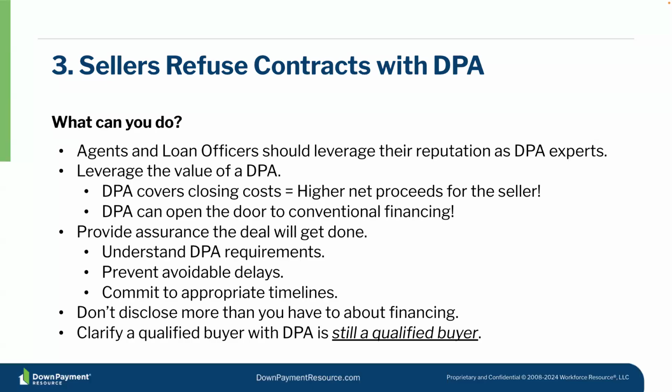So you're going to net more from this transaction." That is a value add. Provide assurance the deal will get done and done in a timely manner. That also means you need to know the guidelines and timelines for the program you're using for your clients. Again, that comes with establishing a really good agent LO partnership.